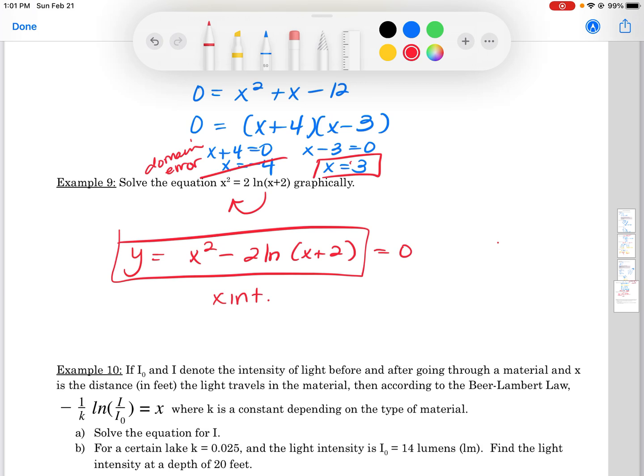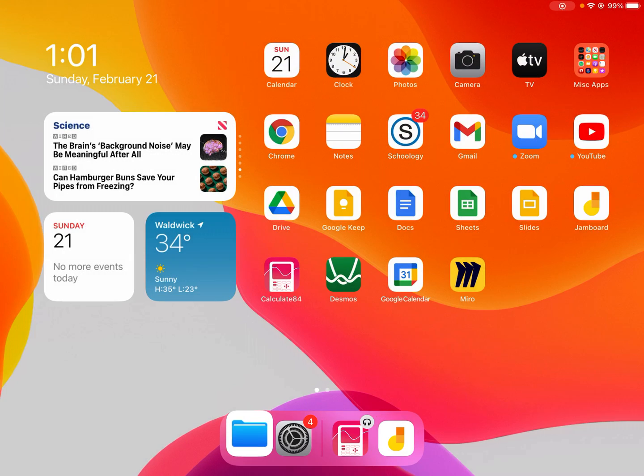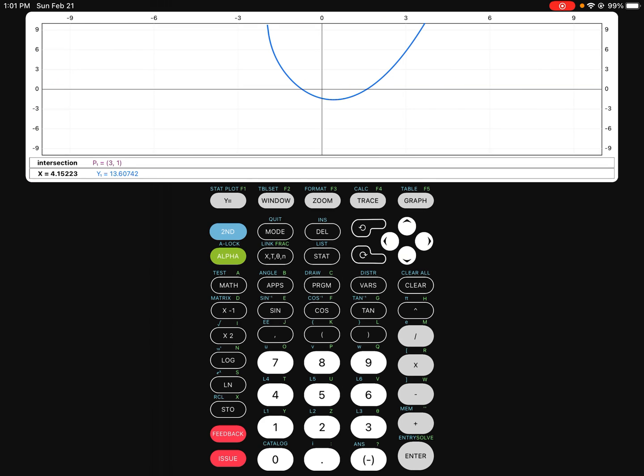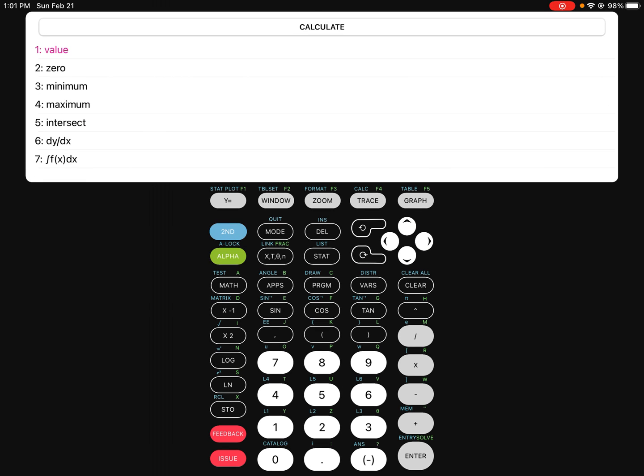Okay. So let's see. x squared minus 2 natural log of x plus 2. And we want to find the intercepts. Okay. So let's see. Second trace intercepts are zeros on here.